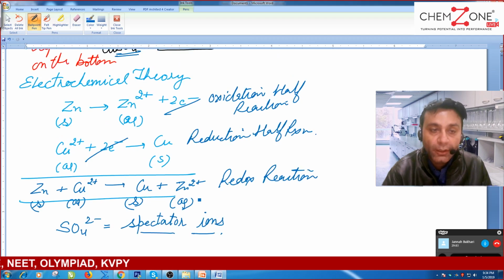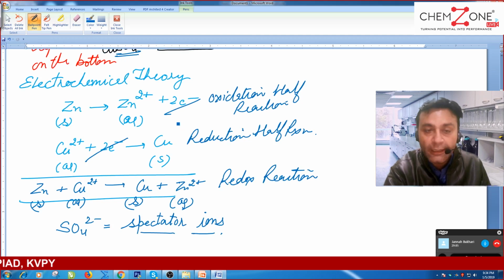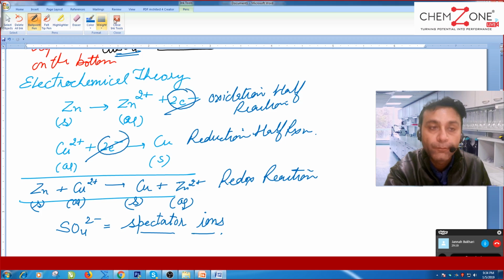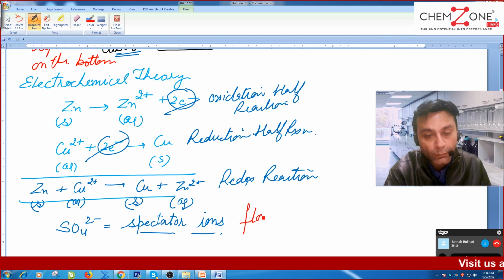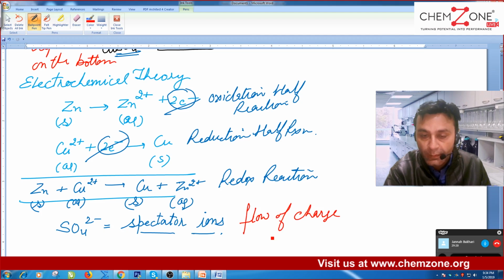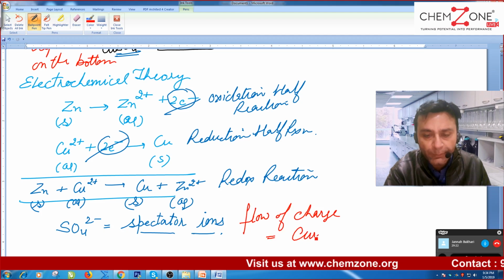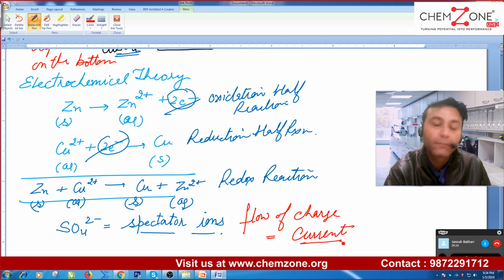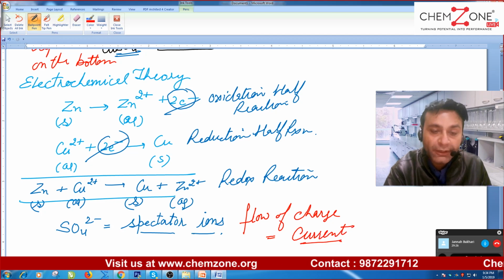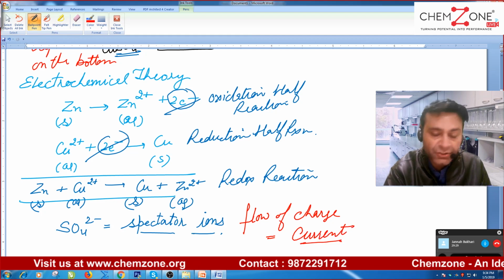Now in this theory, can you see that electrons are moving from zinc to copper? What is the flow of charge called? Electromagnetic? No, or electrochemical? That is simply called the current. It means electricity is generated by this reaction.